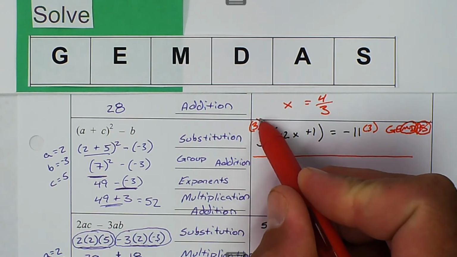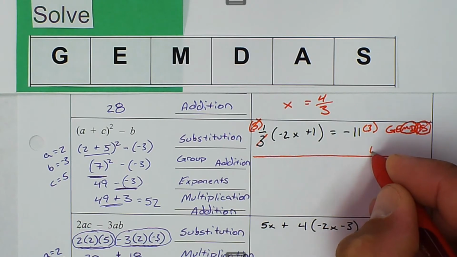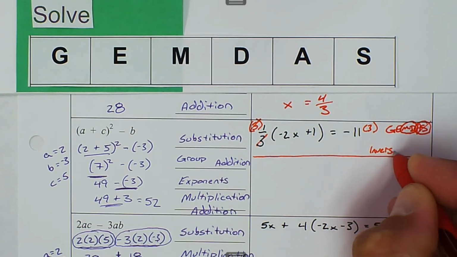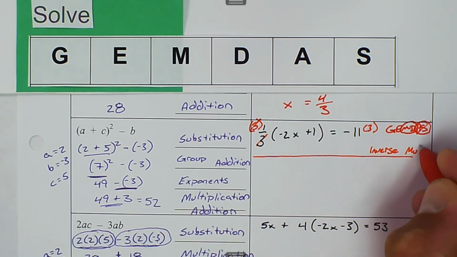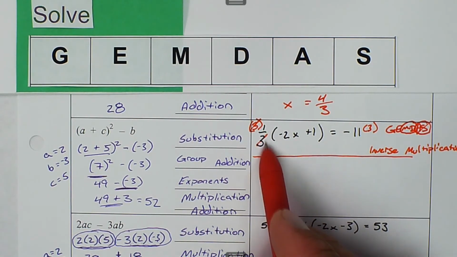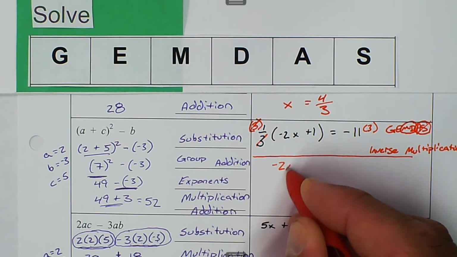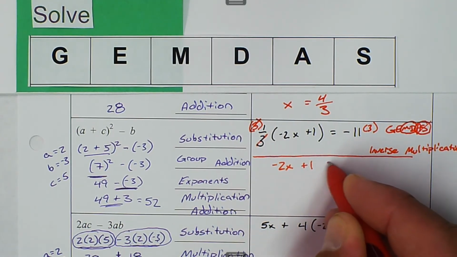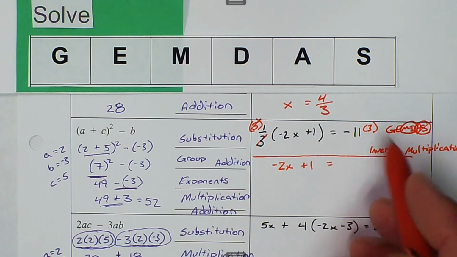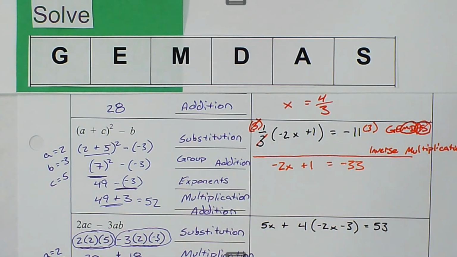The reason we do that is because the 3 cancels the 3, and this is inverse multiplication. So now that we got rid of the 1/3, we can get rid of those parentheses. And on the right side, negative 11 times 3 is negative 33.